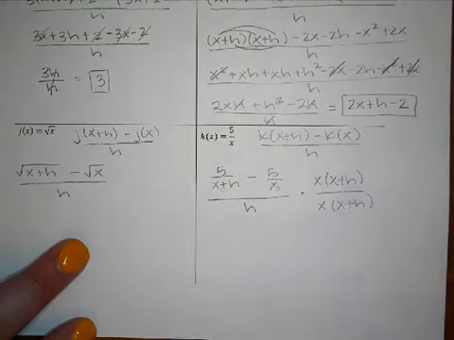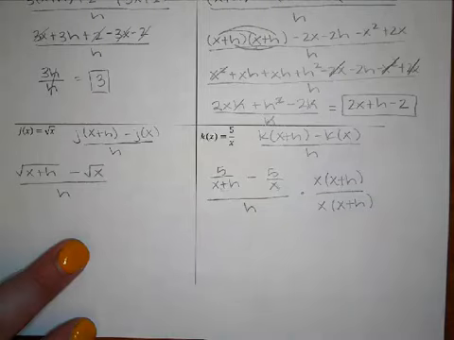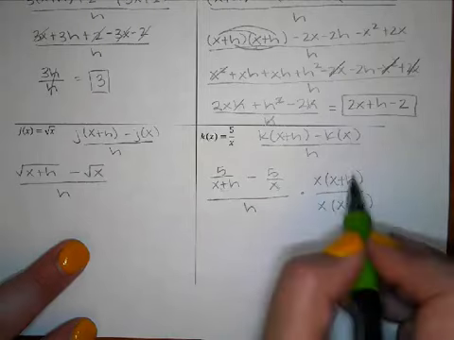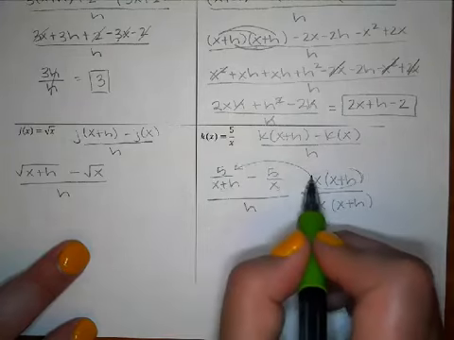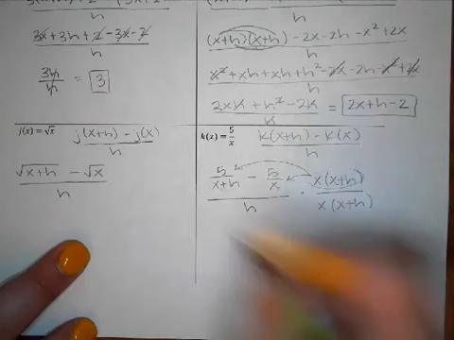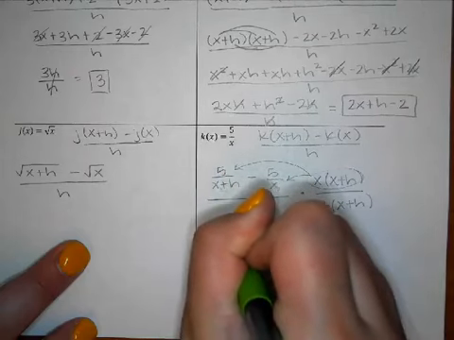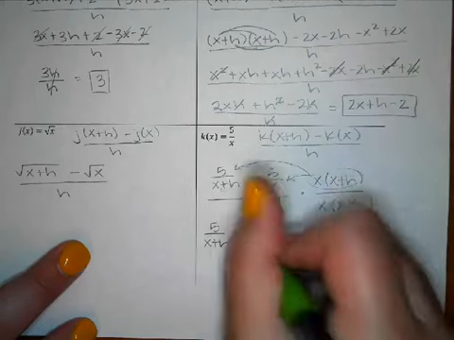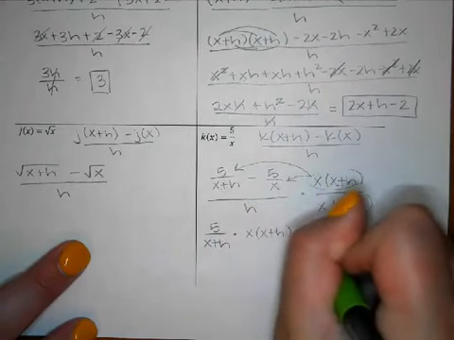My problem's going to look different, but it's going to equal the same thing. So I can take this and multiply it by this, and take it and multiply it by this as well. So 5 over x plus h multiplied by x times x plus h, minus 5 over x multiplied by x times x plus h.